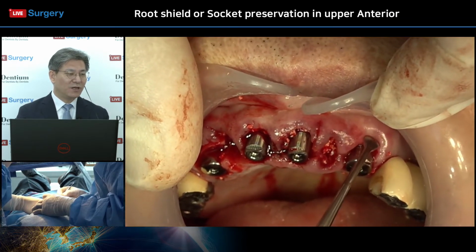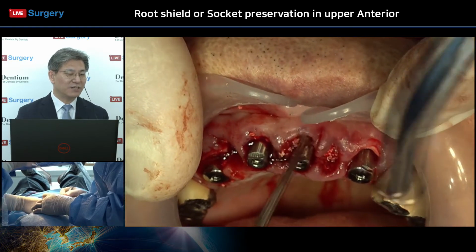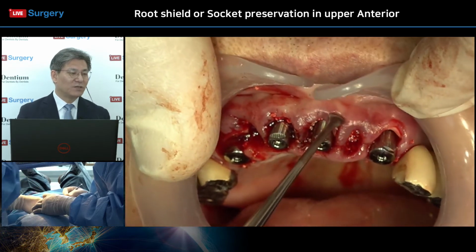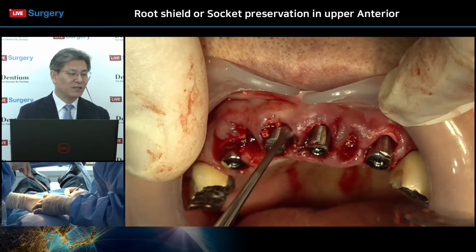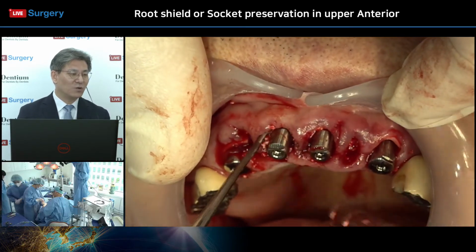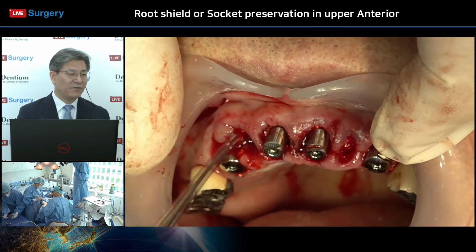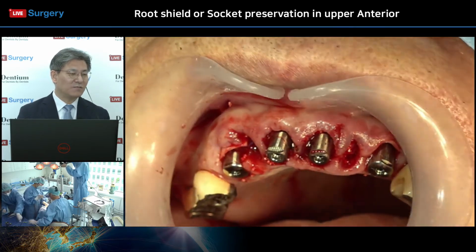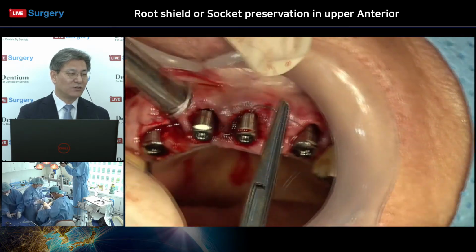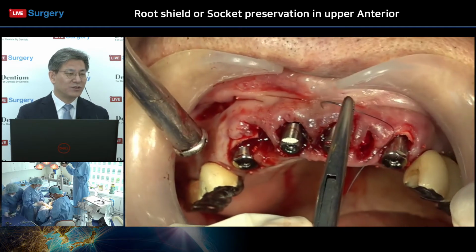Number 12 and number 22, lateral incisor areas, socket preservation. Number 11, 13, and 21, 23, implant fixtures were installed. Both canine areas were covered with collagen membrane over the labial bone plate because of some small perforations.